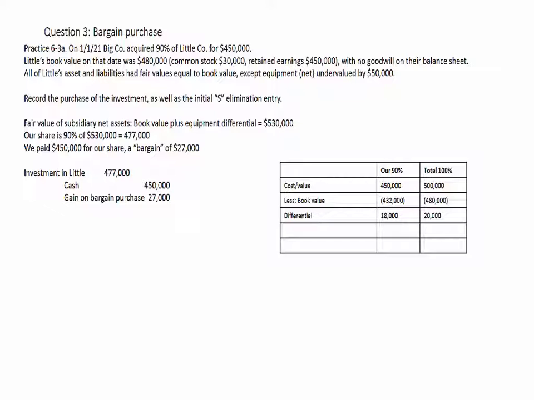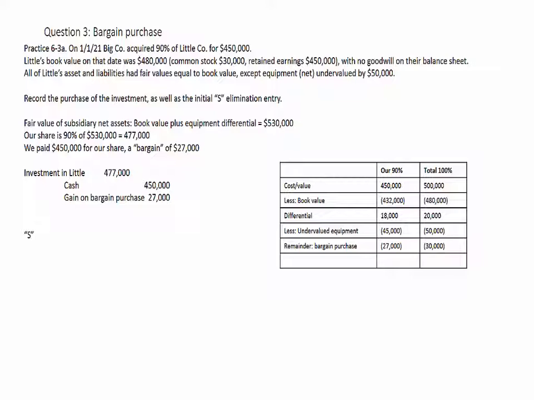For a total differential of $20,000, our share of that differential $18,000. We go ahead and subtract the undervalued equipment, $50,000 total, our share $45,000, and we're left with a remainder of negative $30,000, our share negative $27,000, and that is our bargain purchase that we just recorded.